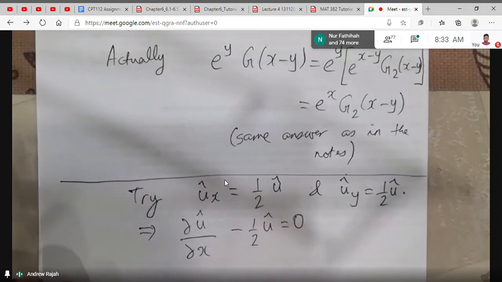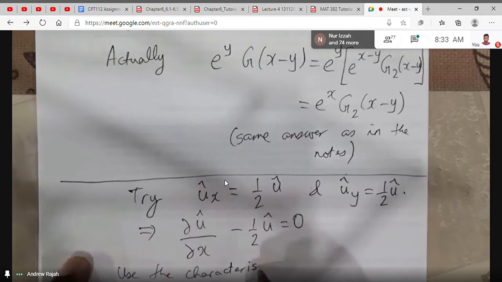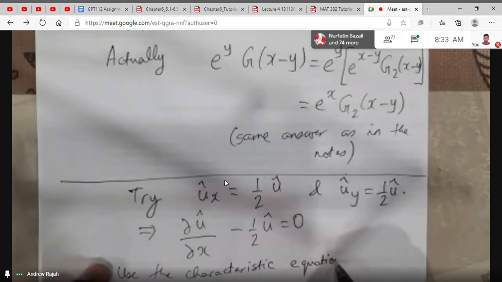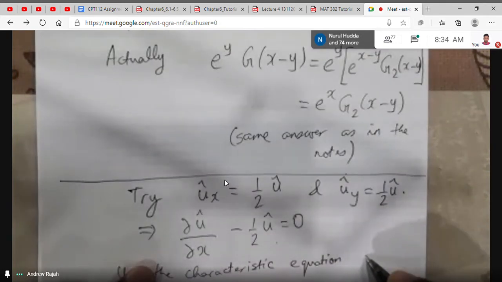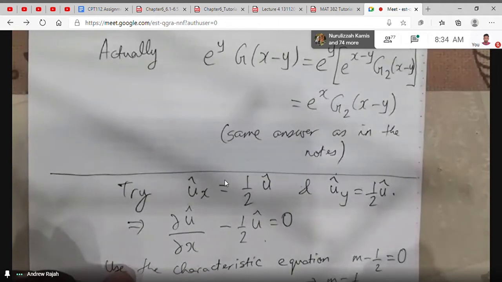Okay, I'm going to use a different method. For this, use the characteristic equation. You know how to find the characteristic equation. m minus half equals to 0, which implies that m equals to half.